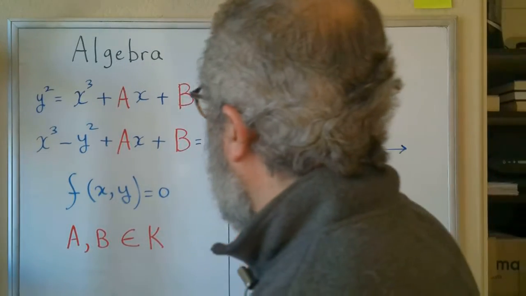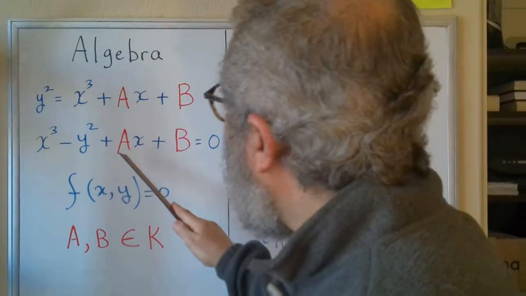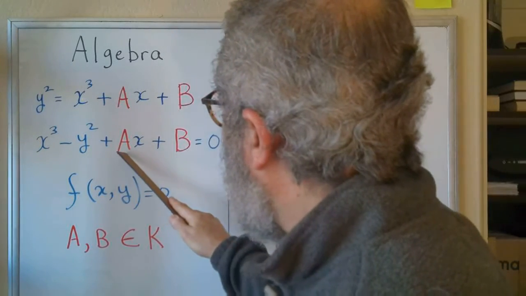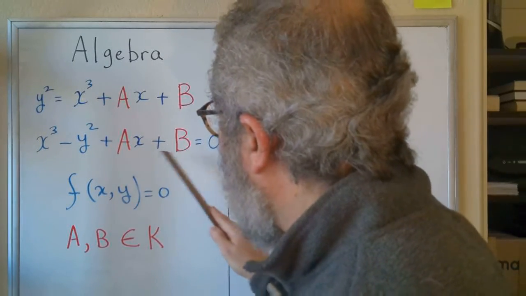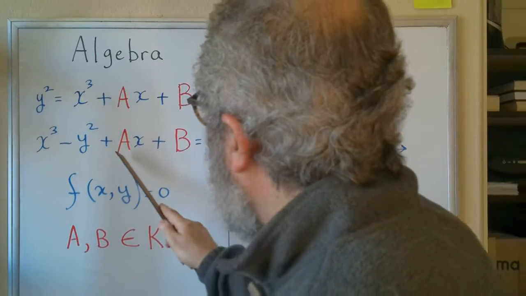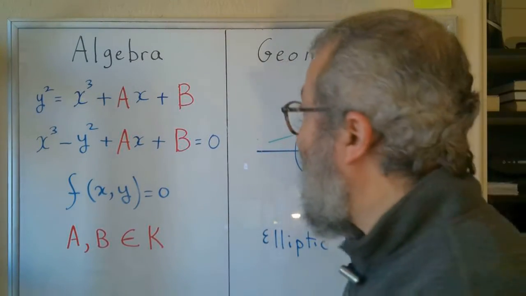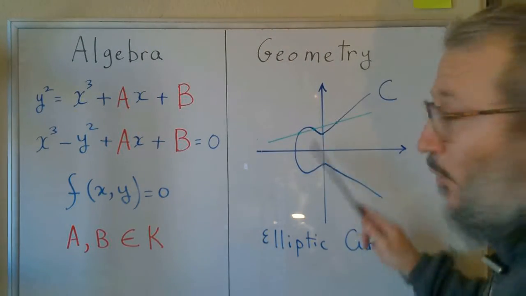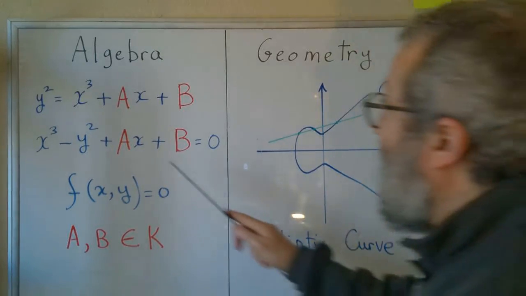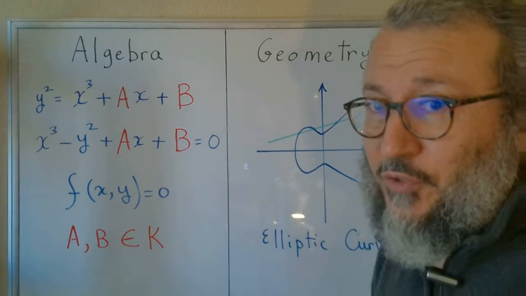The other important element here is the coefficients. So these are the coefficients a and b. I wrote them in different colors so you can separate them from the rest. So these two coefficients act like a knob when it comes to elliptic curves, because every time you change a and b, the shape of the curve will change.